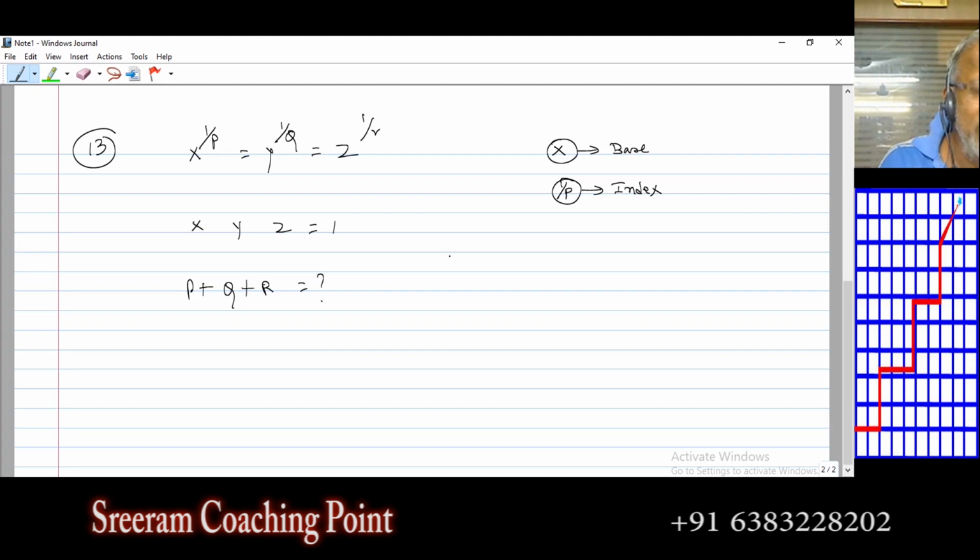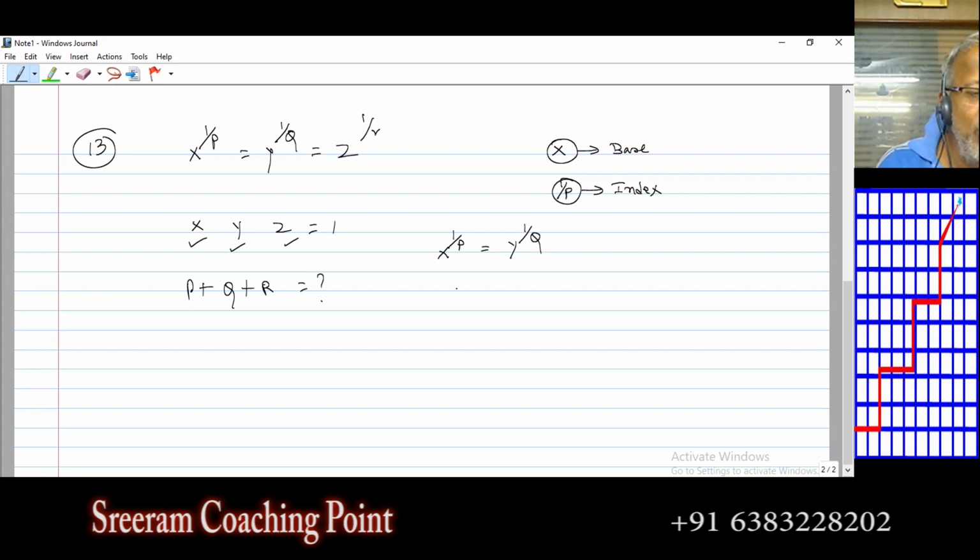I would suggest you either take up everything in the form of x, or everything in the form of y, or everything in the form of z. So to start with, I would like to take up x to the power 1 by p equal to y to the power 1 by q.